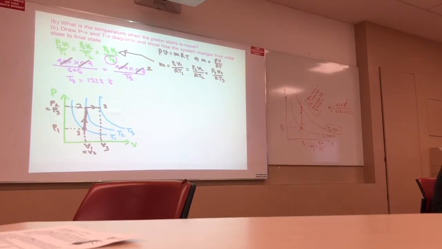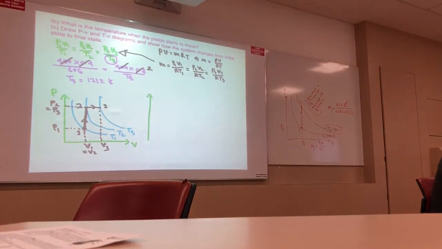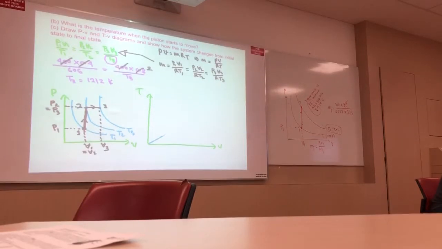This is PV diagram. If you want to draw the process on TV diagram, this is T, P. Then you have to put the constant pressure line. This is P1. I can draw. This is P2. Then what is the state 1? P1, T1, and V1.